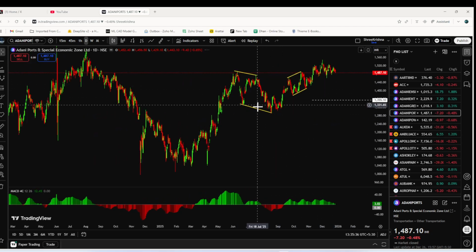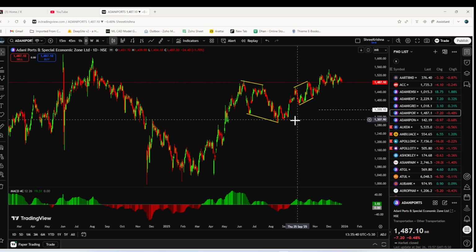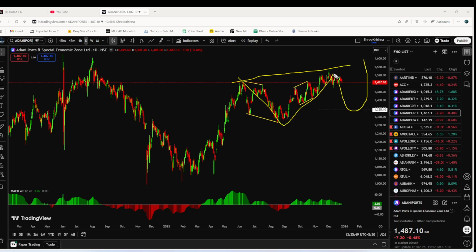Adani Ports has made a promising trend and then it is weakening now. Yes, it is weakening. It might come below here before making a move, making an A, B, and C as a flag before it goes up. Look, this is the strongest move.